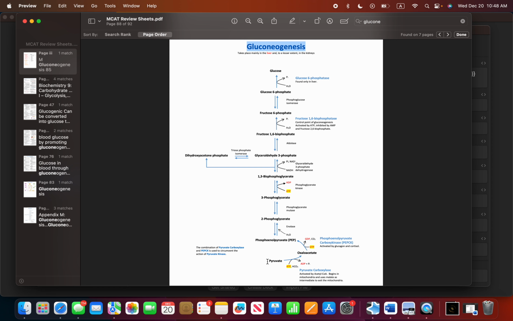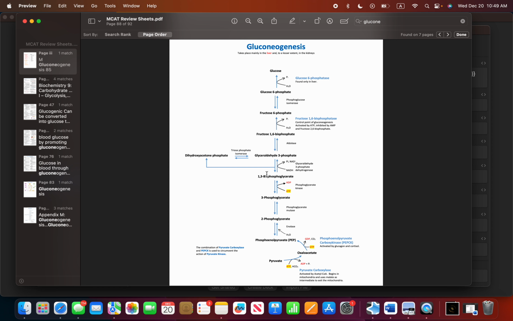And the first step of this chain is the pyruvate that turns back into glucose. For glycolysis, we had that from glucose you were making pyruvate, right?